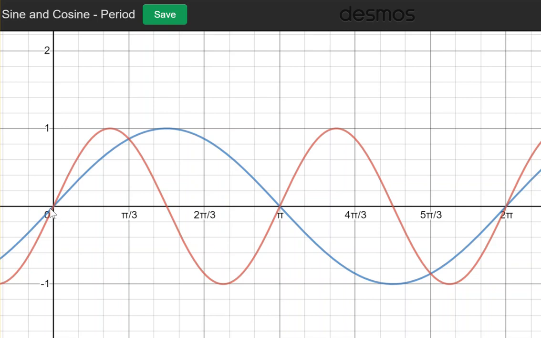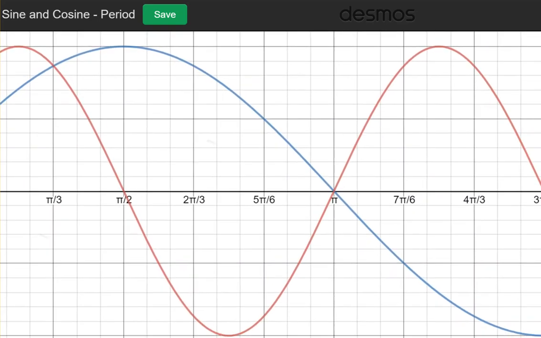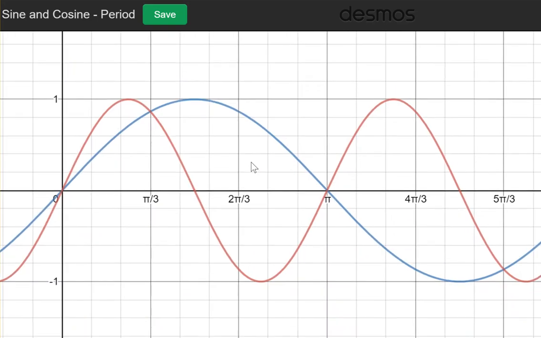It still started at the same place, but it went up and came down a lot faster than the blue graph. Right about here, which if we zoomed in should be about pi over 2, it came back down, and then it didn't start repeating at 2 pi, but started repeating at pi.